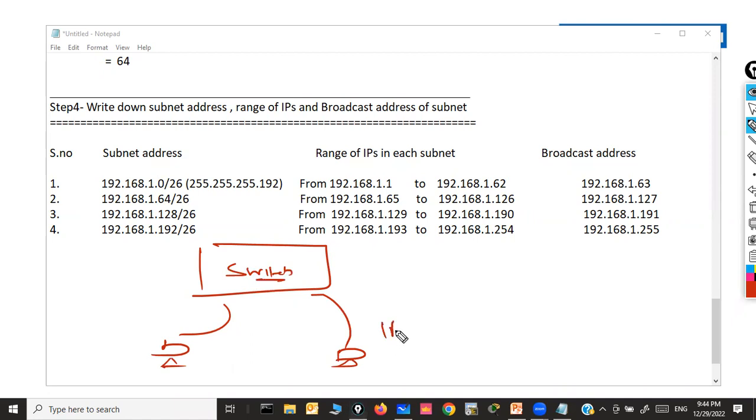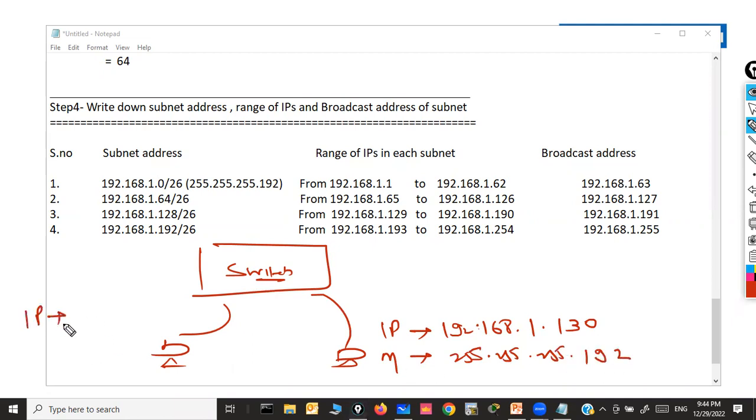If I assign IP address 192.168.1.130 and mask 255.255.255.192, and here IP address 192.168.1.60 and mask 255.255.255.192.